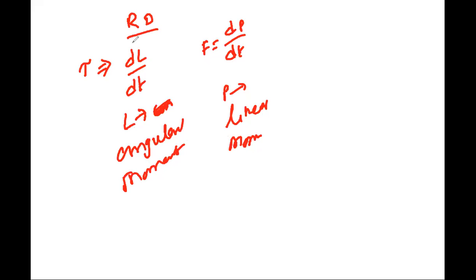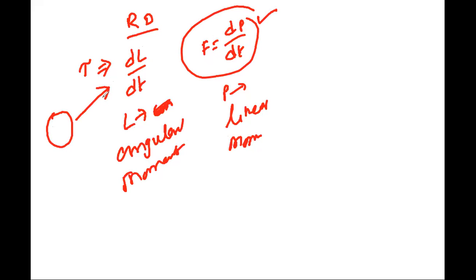So this is kind of similar actually. This is linear motion, we call it dP by dt. This is rotational motion. So when the object is rotating, we consider torque.